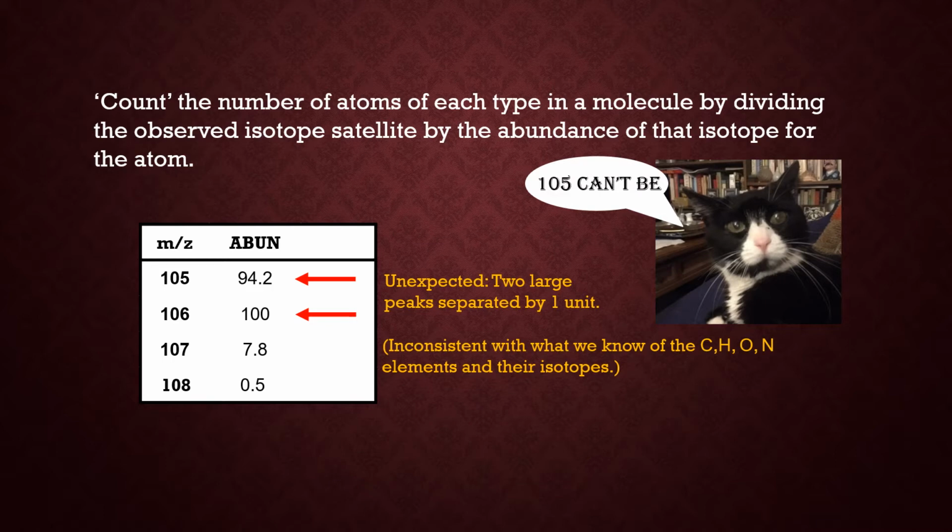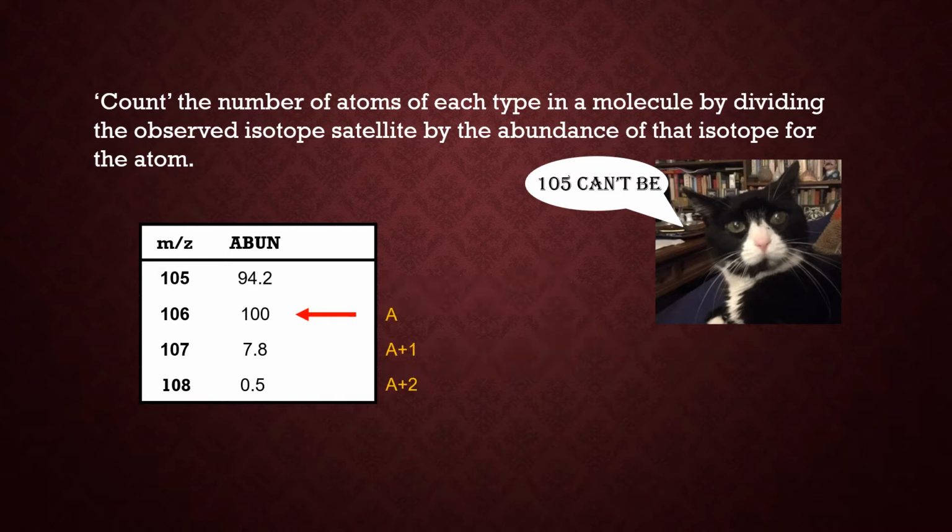So since 105 can't be, because 106 corresponds to no isotopic abundance for any of the elements that we're looking at, that means that 106 has to be A. And 107 will be A+1, and 108 will be A+2.